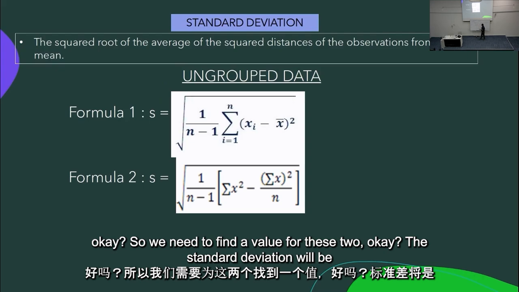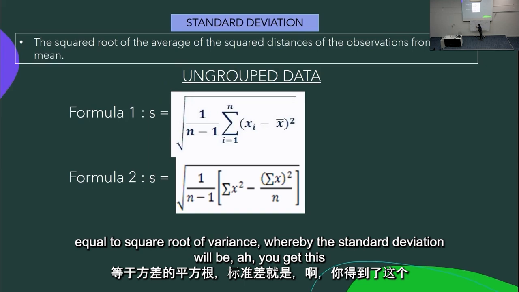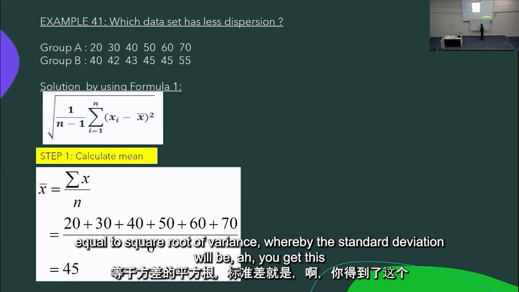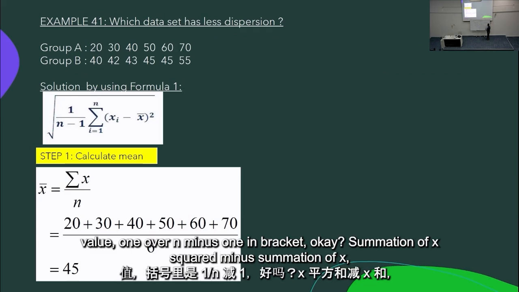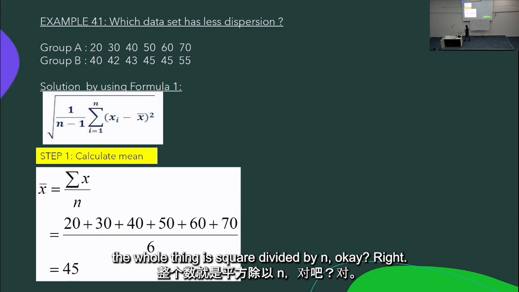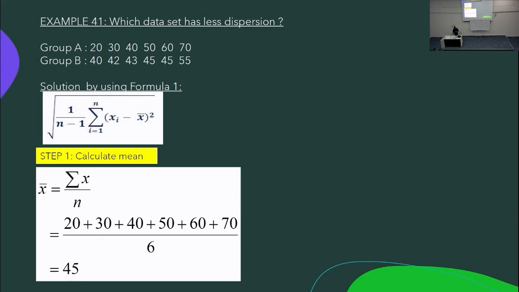The standard deviation will be equal to the square root of variance, whereby you get this value: 1 over n minus 1, in brackets, the summation of x square minus the summation of x, the whole thing squared, divided by n.